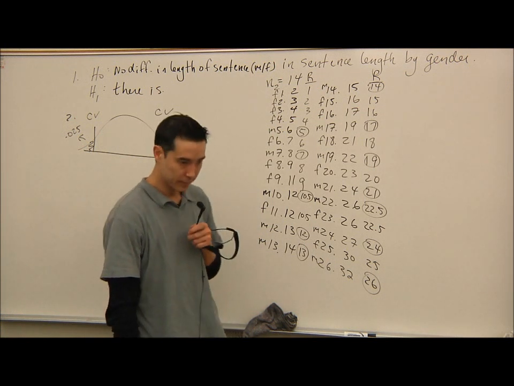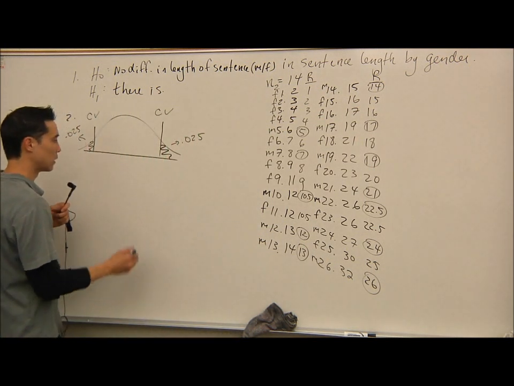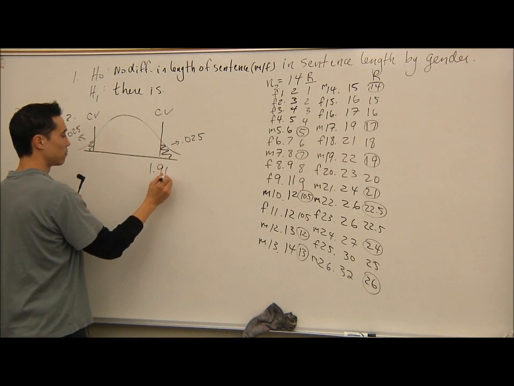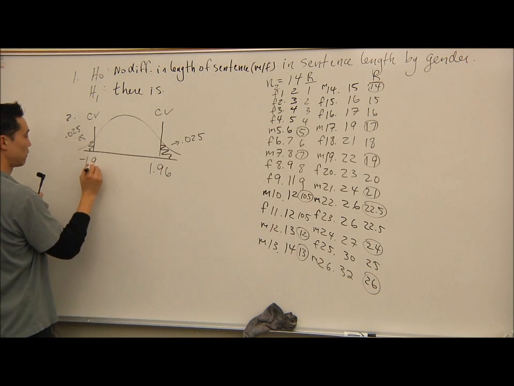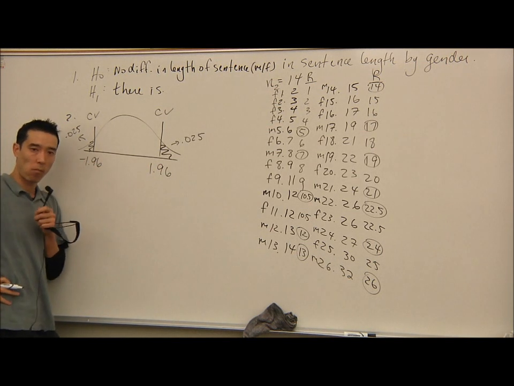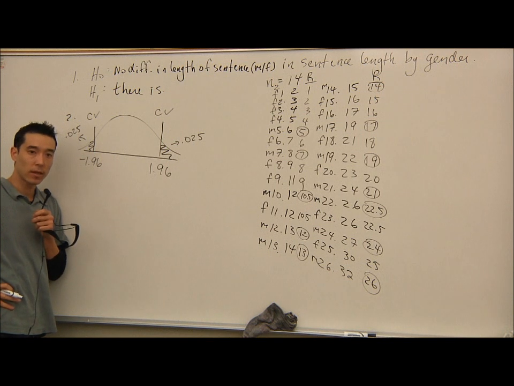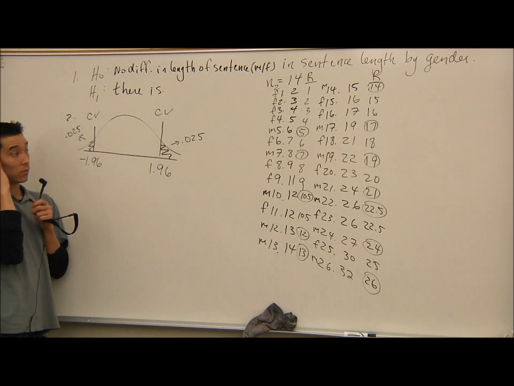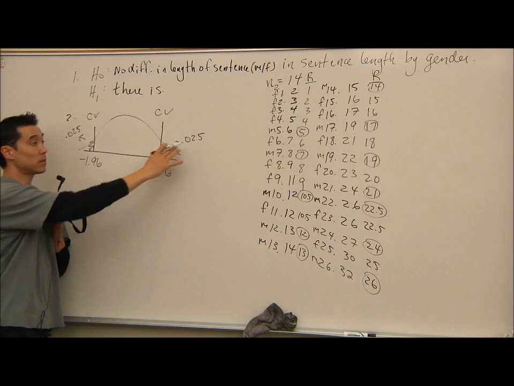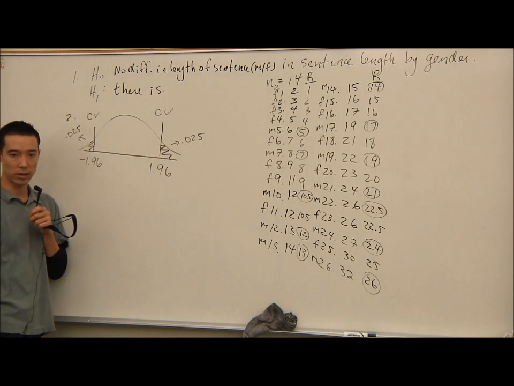And what do you get? Yep, positive 1.96 and negative 1.96. And that's it for step 2. It's old stuff that we've done a million times. Normal distribution, 0.05, 2 tails, 0.025, 0.025, and look them up in your chart.